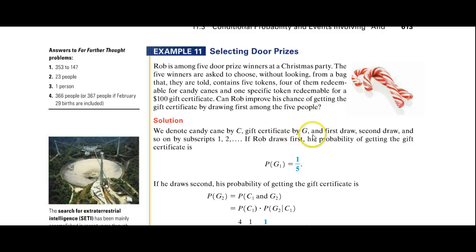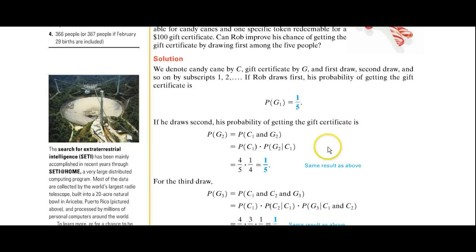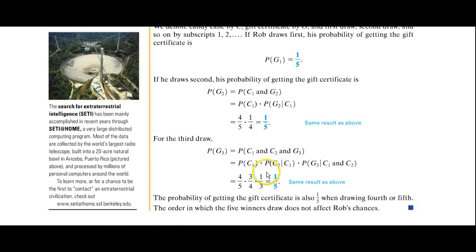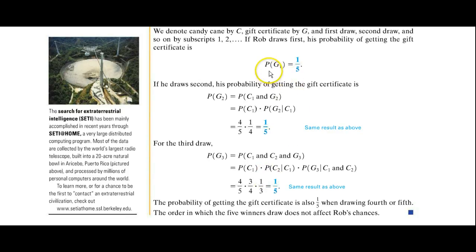So they set it up, and drawing the gift certificate is 1 out of 5. And then the second person is 1 out of 4. The third person is 1 out of 3. Again, we're not replacing, and so on and so forth. And here, initially, it's 1 out of 5. But then when you do the multiplication here, you get 1 out of 5.